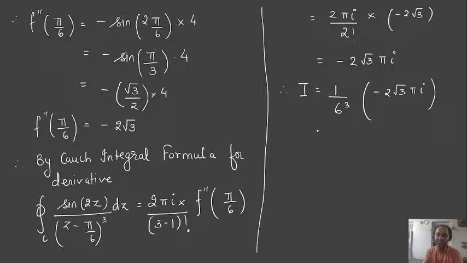Yeah, so this is going to be root 3 over 108 pi I, and here there is minus sign. Okay, I hope you followed this. Please let me know if there was any difficulty. If there was any problem, then we will sort it out. Otherwise, we can go for the next example. This was our first question, and we saw a nice complication that is coming into the solving part.